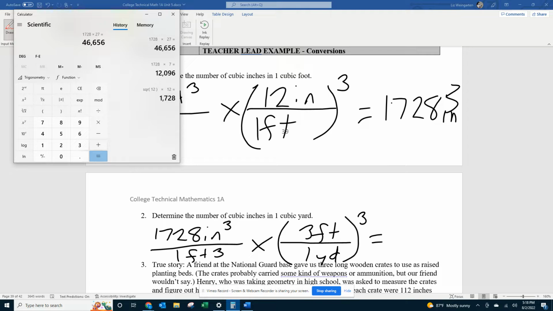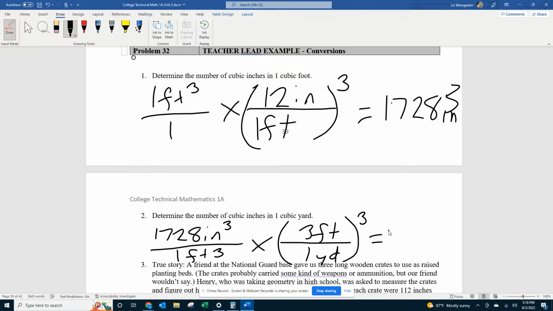So that we get 46,656 inches cubed. That is quite a big number, but it is accurate.